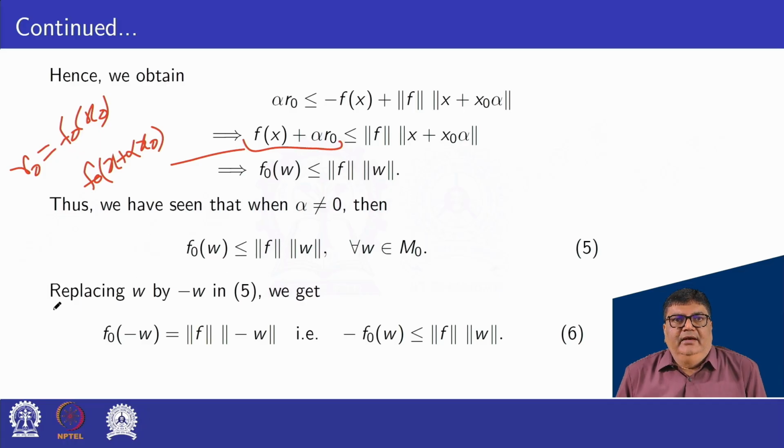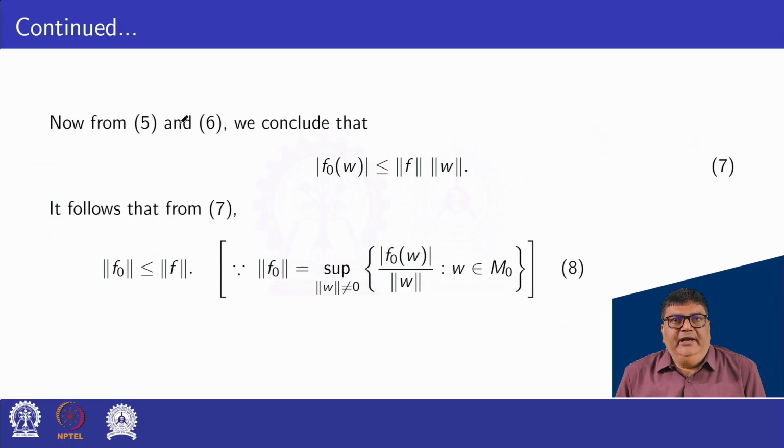Now replacing w by minus w in equation 5, we can write f0 of minus w less or equal to norm f, norm of minus w. Since f0 is linear functional on M0, this can be written as minus f0 w less or equal to norm f into norm w.